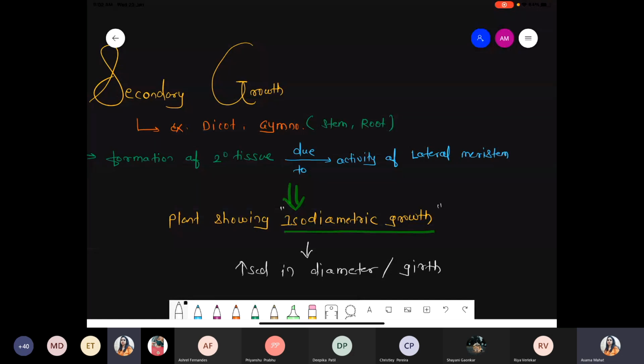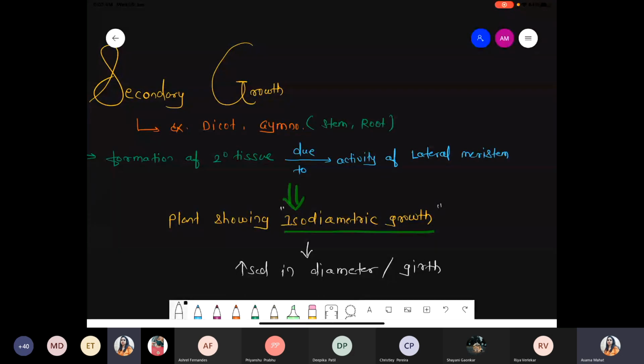Now from this point of view, we are talking about how the plant trunk size will be increased, how the bark will be formed, how wood gets initiated inside the plant. Because during the early stage there is no wood formation and no bark formation. That is part of the primary growth. Now the plant becomes mature and enters secondary growth.